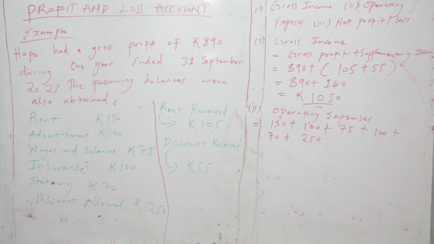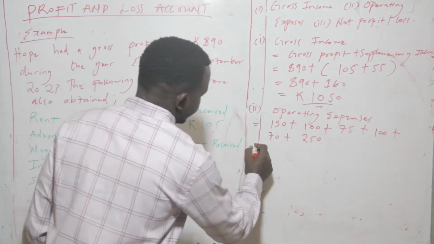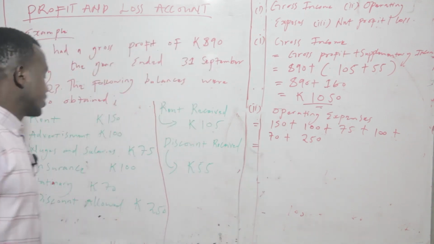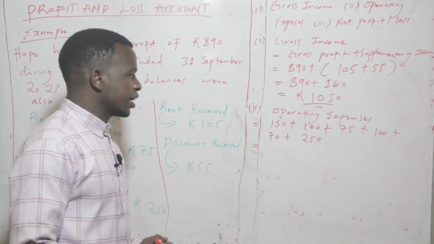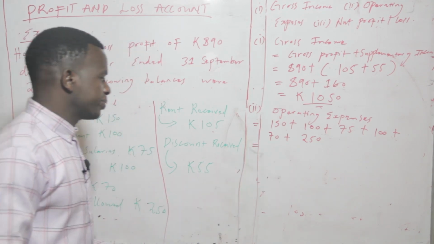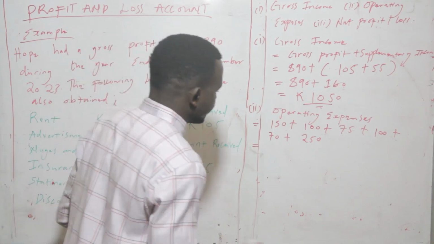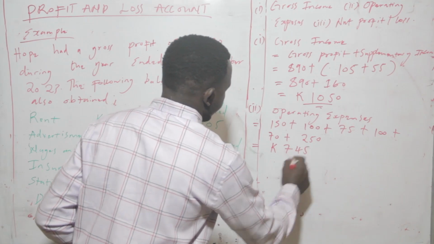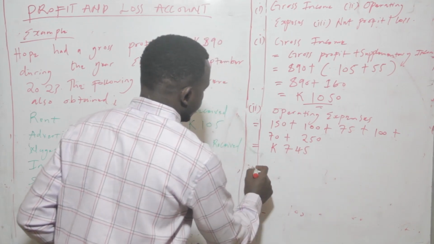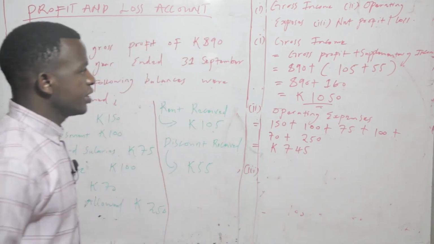But that's not important. Our important thing here, we're just supposed to calculate operating expenses. So 150 plus 100 plus 75 plus 100 plus 70 plus 250, our answer is 745.